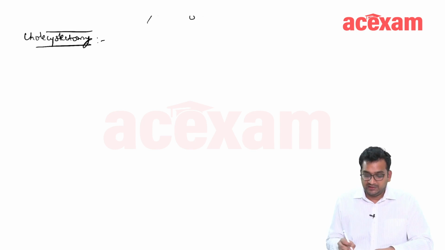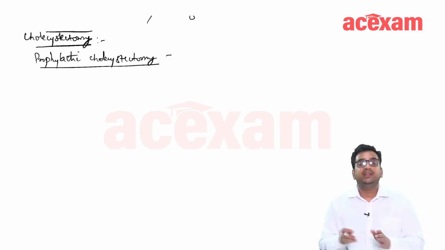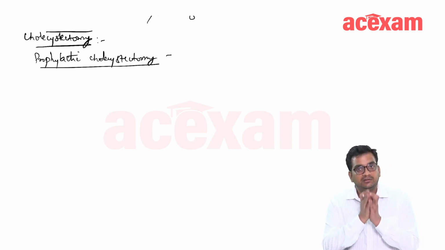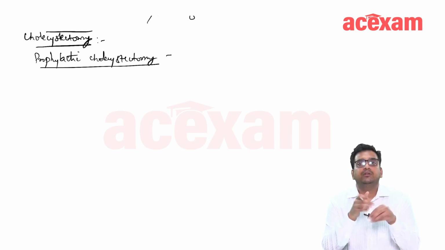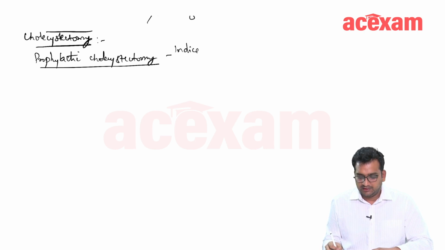But questions are generally asked for prophylactic cholecystectomy. Prophylactic cholecystectomy is, right now the patient is not symptomatic with gallstones or with any gallbladder problem, but even then we are removing the gallbladder. And the indications for prophylactic cholecystectomy are important from the MCQ point of view.